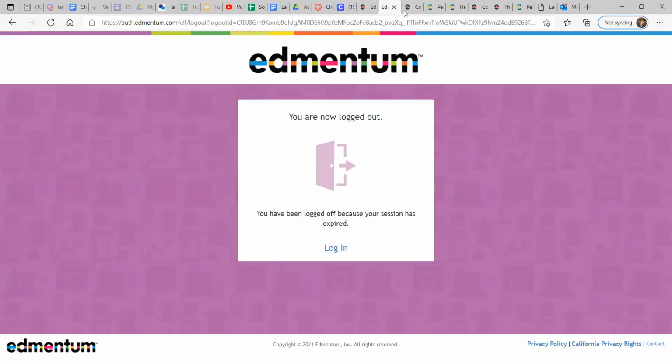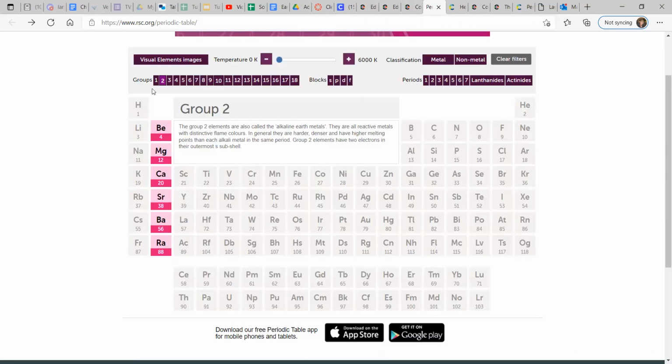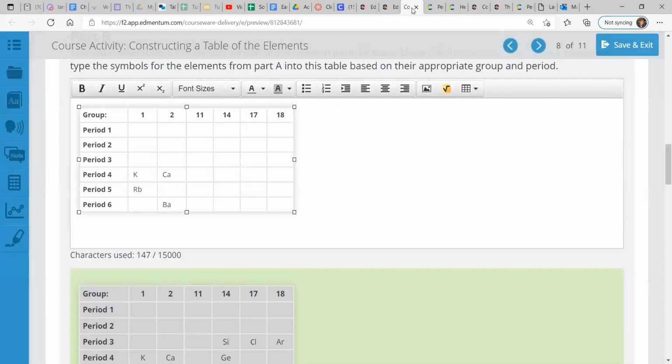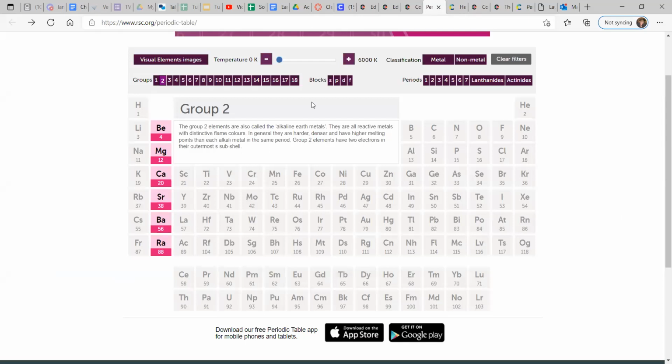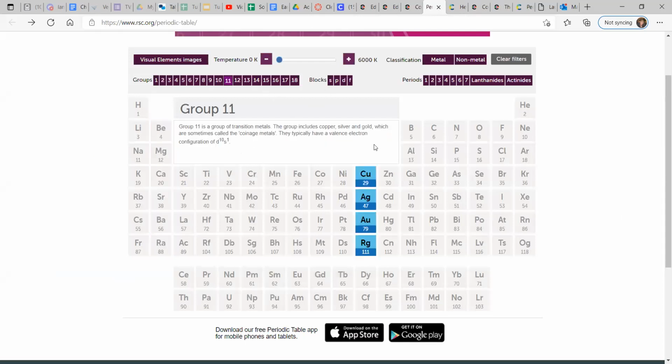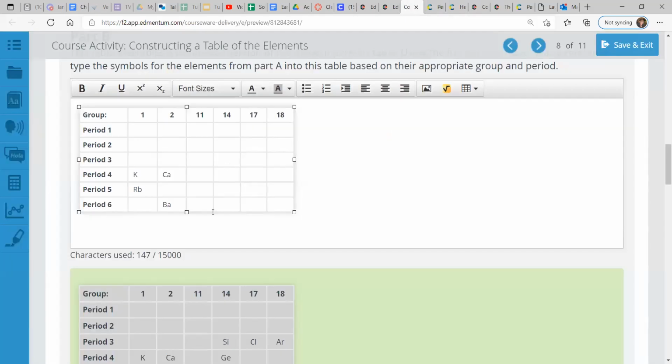Next, oh, wrong one. We have group, not group 3 actually. We have group 11. Wham bam. We got copper, we got silver, gold, roentgenium. That's a fun one to say.